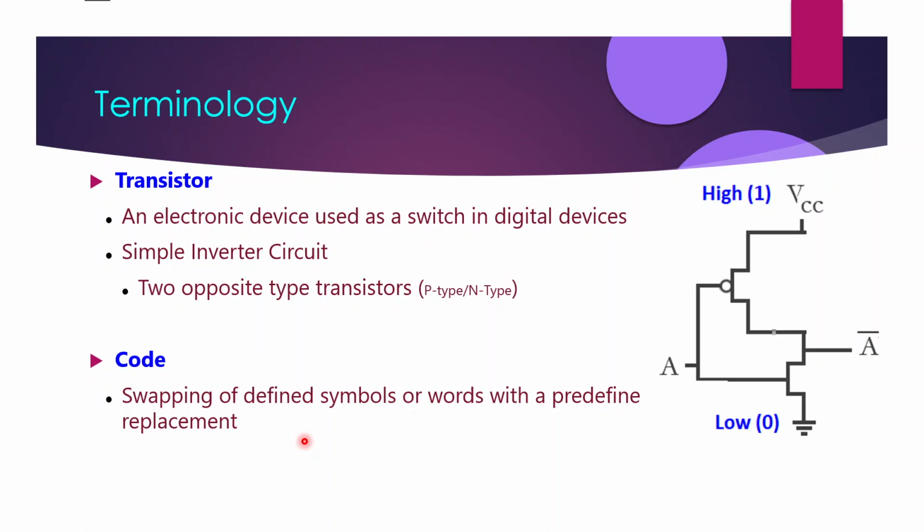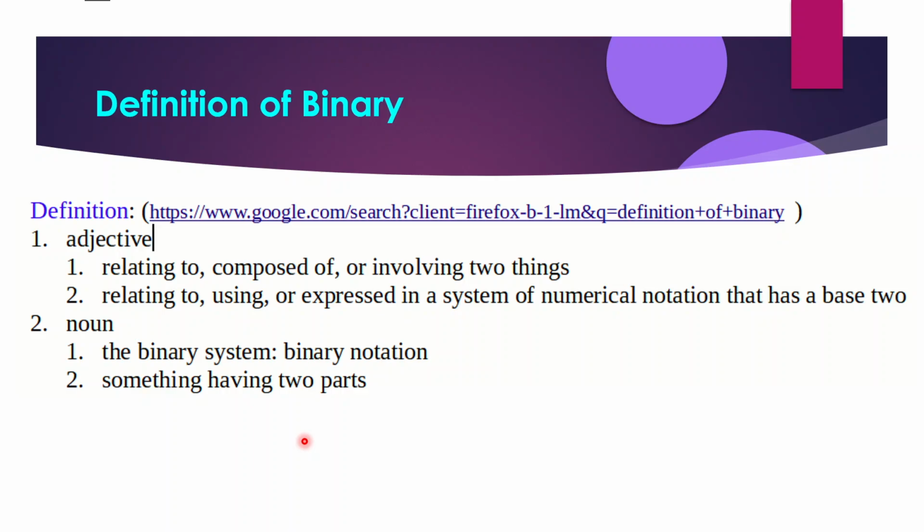To do that, we have to encode those symbols so that they're stored in the computer as a group of ones and zeros. We'll look at that in more detail in a little bit.